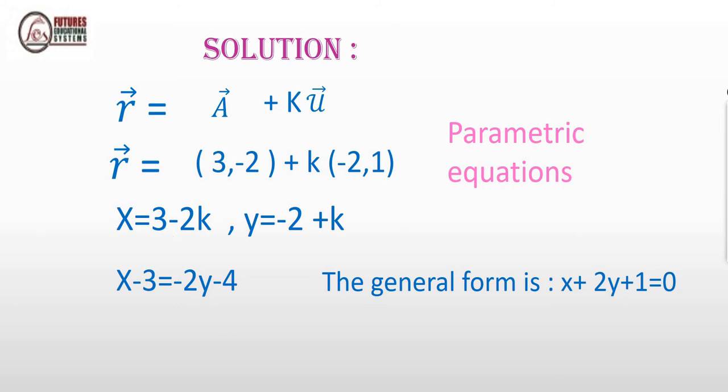The parametric equation: x equals 3 minus 2k and y equals negative 2 plus k.